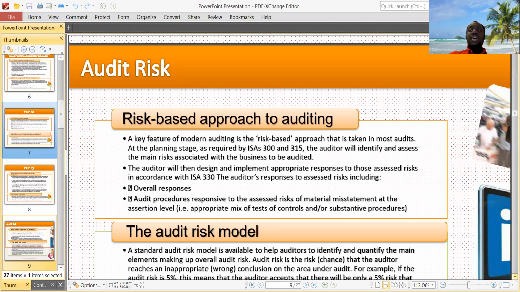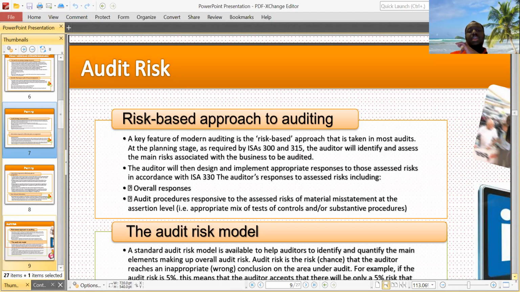And what happens at the planning stage, as required by ISA 300 and 315, the auditor will identify and assess the main risk associated with the business to be audited. The main risk, because the risk would help you to shape your planning process.